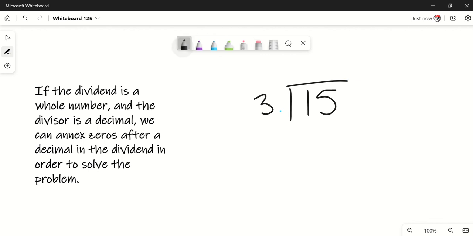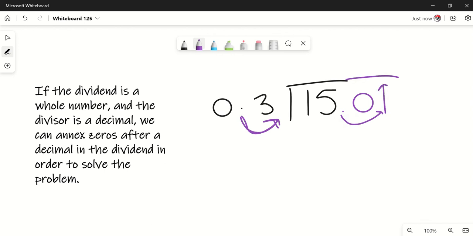Going back to the original problem, the divisor needs to become a whole number, jumped over 1 to make it a whole number. 15 isn't a decimal, but it can become a decimal if I add a 0.0 at the end. Because this jumped once, this will also need to jump once, making my decimal jump a spot.